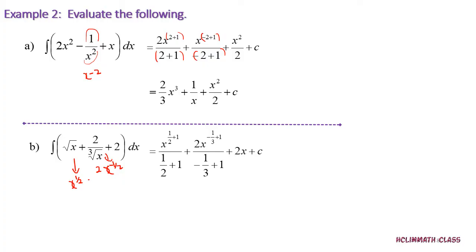So we have x to the power of 1 over 2 plus 1 divided by 1 over 2 plus 1. Then 2x to the power negative 1 over 2 plus 1 divided by minus 1 over 2 plus 1, plus the integral of 2, you get 2x, then plus the c. After that you just simplify and you will get the final answers as this.